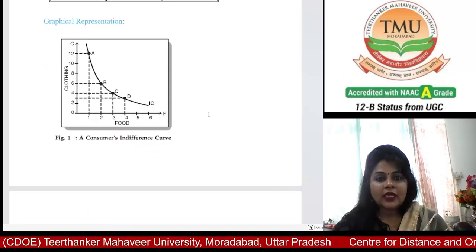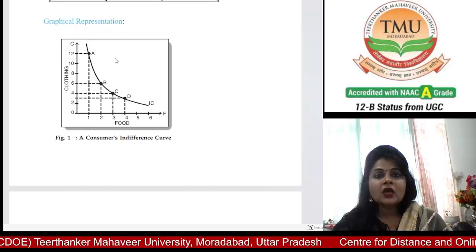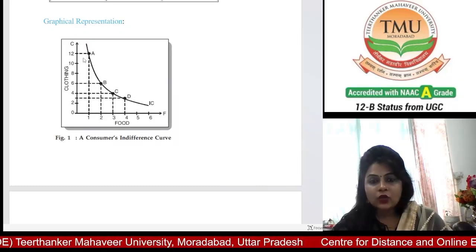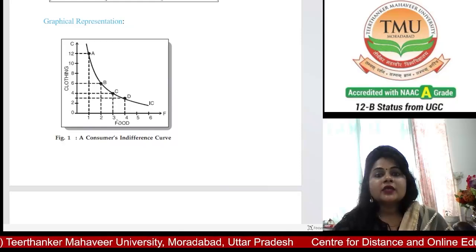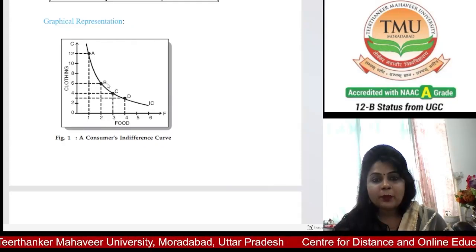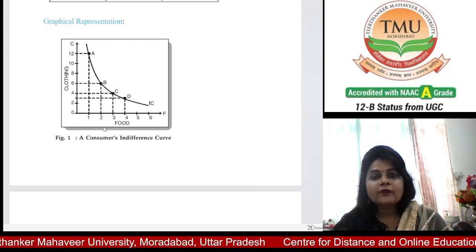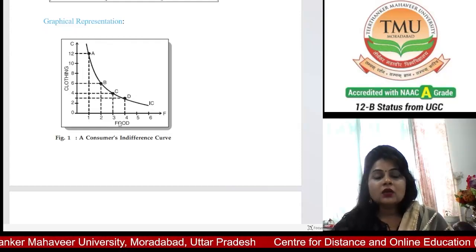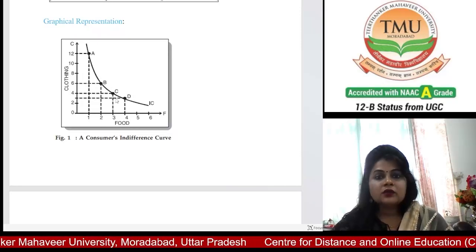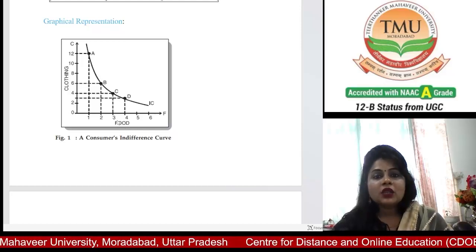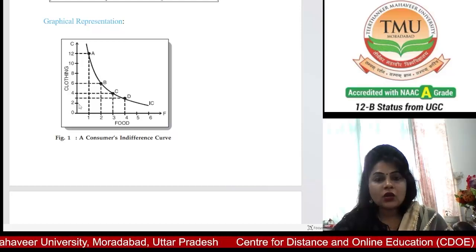In this diagram, we can see a combination where there is 1 food and 12 clothing. In the second combination, you can see point B in this diagram, 6 clothing and 2 food. In the third combination C, you can see in the diagram 3 food and 4 clothing.